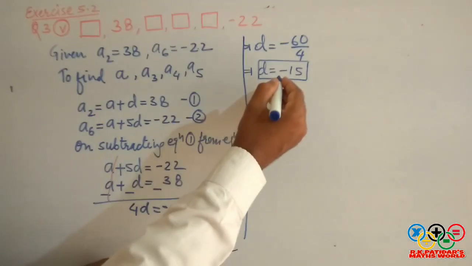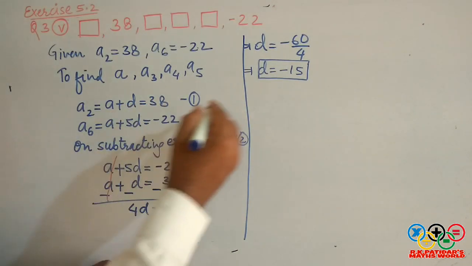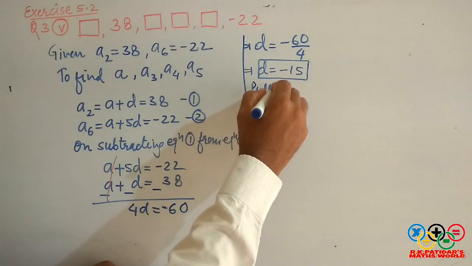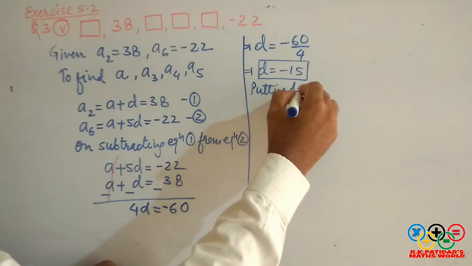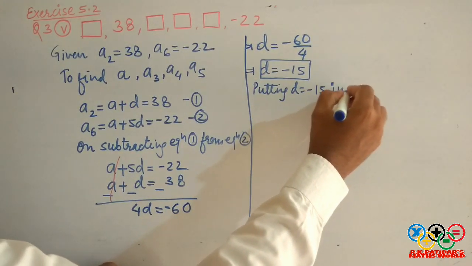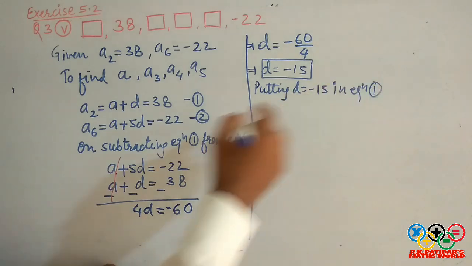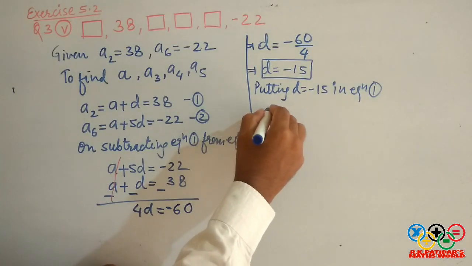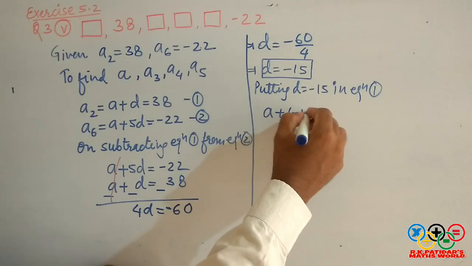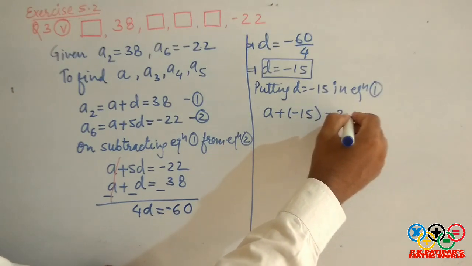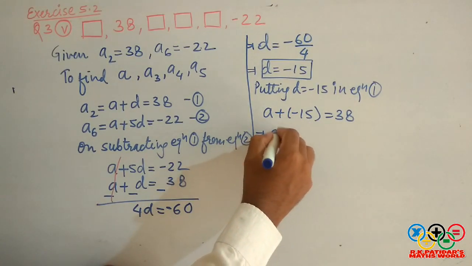So to find out the first term, we will put the value of D in equation number 1. So putting D is equal to minus 15 in equation 1. So equation 1 is A plus D. So A plus D, D is what? Minus 15 is equal to 38.